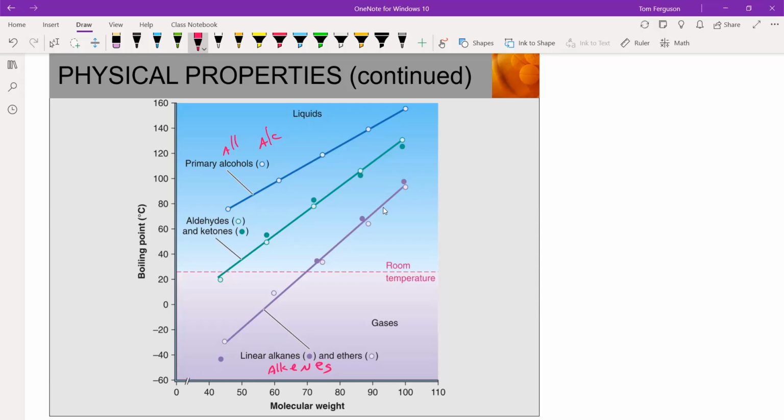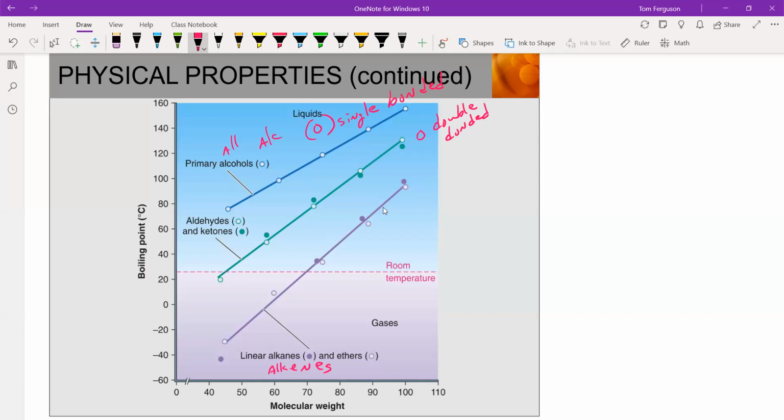Things that have the lowest boiling point have the least polar atoms and combinations in them. The ones that have the highest boiling points have the most polar atoms in them, mostly oxygen. Single bonded oxygens.